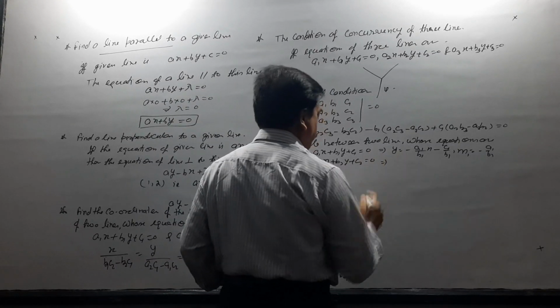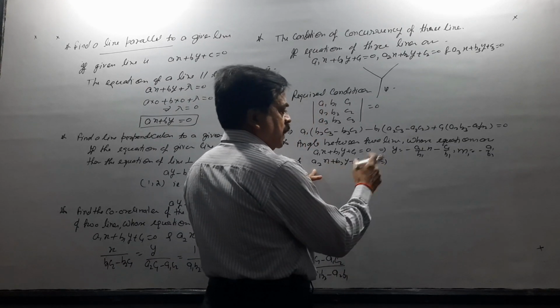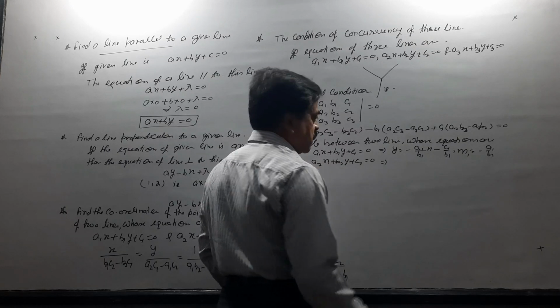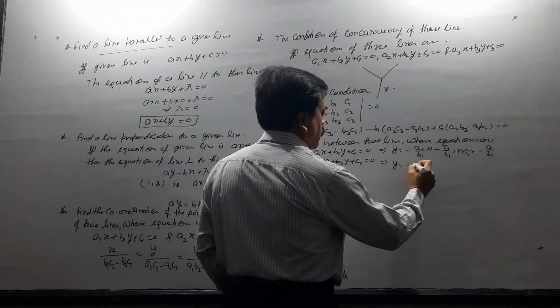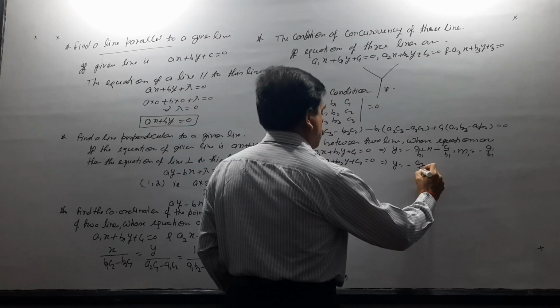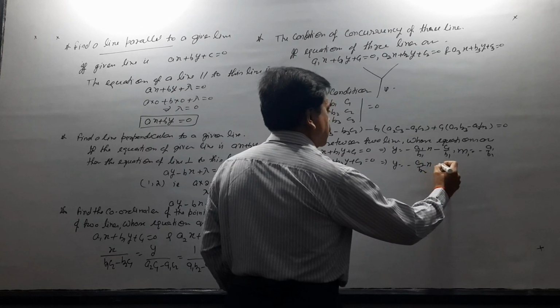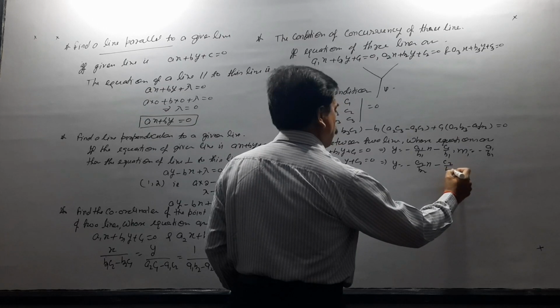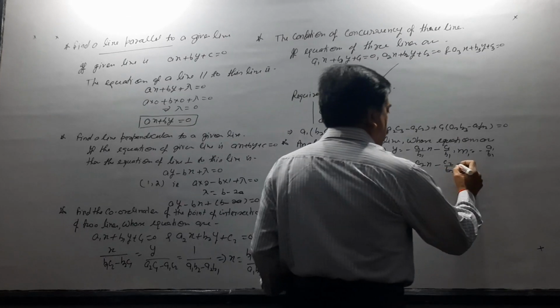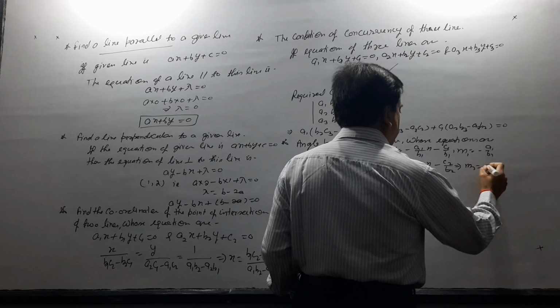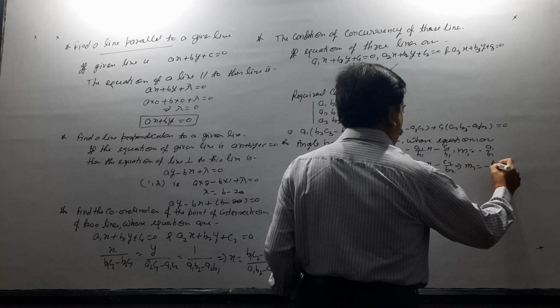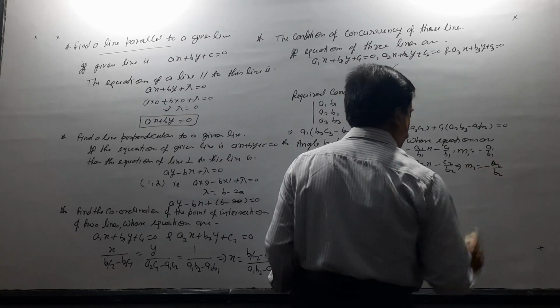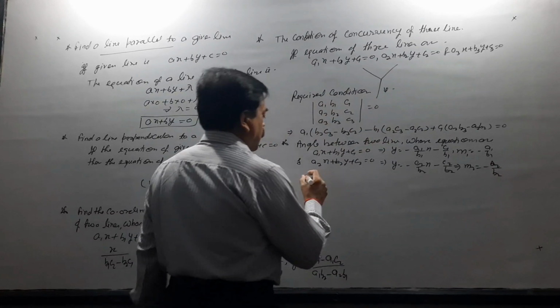Slope of another line, convert this line into the form of y is equal to mx plus c. So y is equal to minus a2 upon b2 x minus c2 upon b2. So slope of this line m2 is equal to minus a2 upon b2. Now the angle.